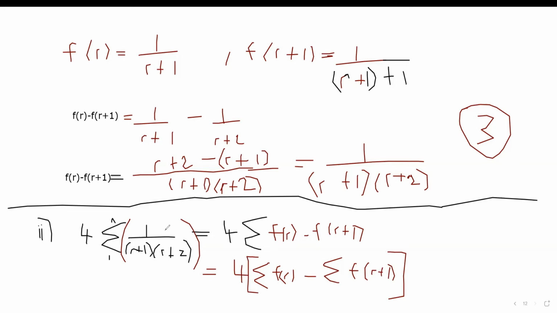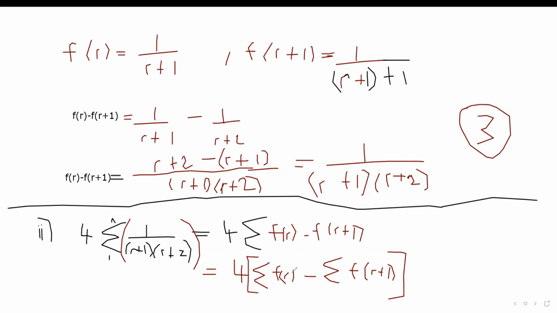So evaluating it, that's now going to be equal to 4 times in bracket. Let's put in values now for f of r. F of r is 1 over r plus 1.